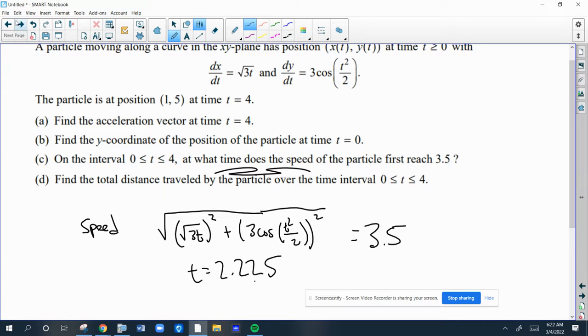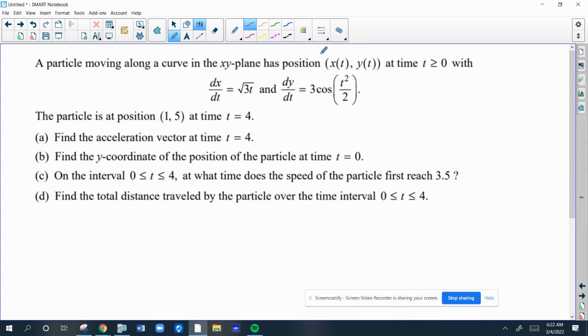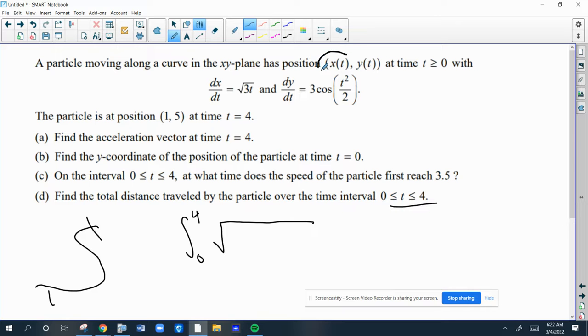All right, so one left to go. Find the total distance traveled by the particle. So total distance, these are parametric equations, so it's forming some kind of graph. All you need to do is find basically the arc length. So that is always given by the integral of the square root of these derivatives squared. So it's the arc length of the derivative of these two components squared.